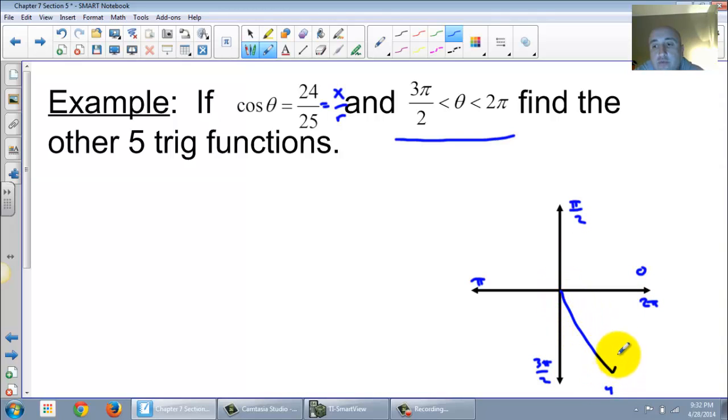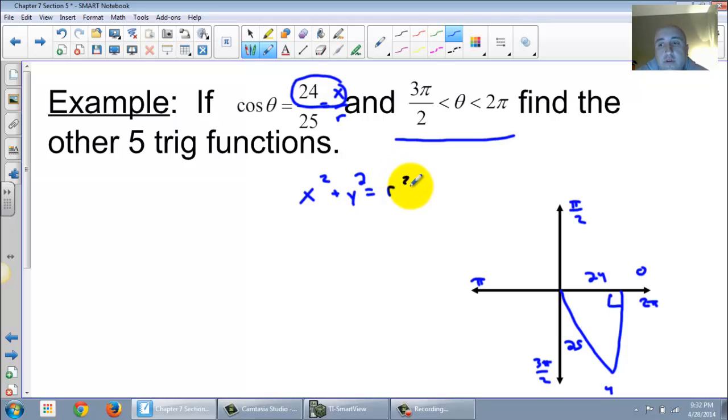So I'm going to draw a right triangle in the fourth quadrant. We know our r value, which is our hypotenuse, is 25, and we know our x value is 24. So we need to figure out our other leg by using the Pythagorean theorem. So x squared is 24 squared plus y squared, which we don't know, equals 25 squared for our r.